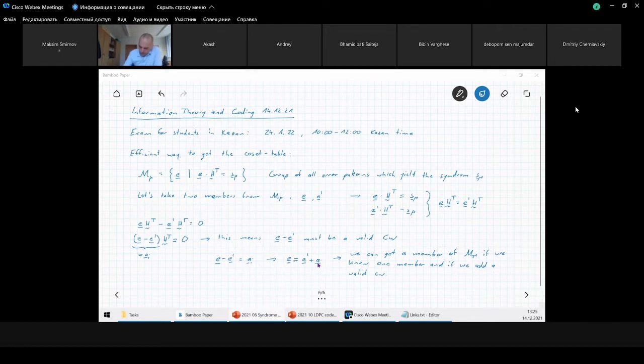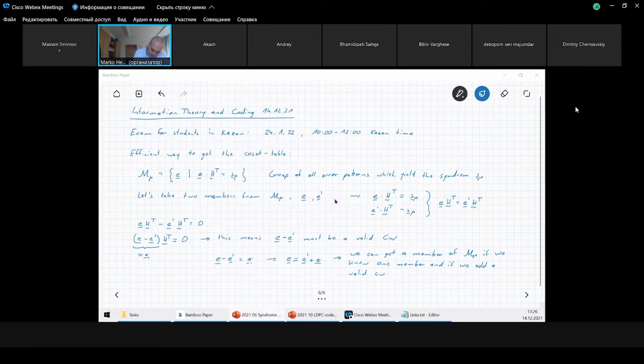And of course, it's an arbitrary code word here. We didn't make any constraint on which A_i to select. So if we select all possible A_i, we will get at the end all members of this coset.